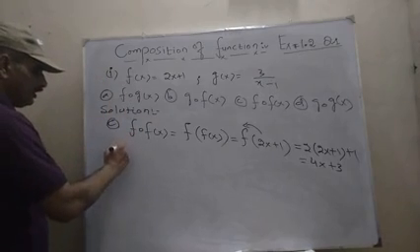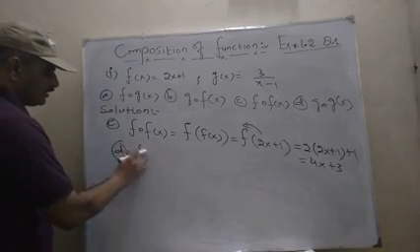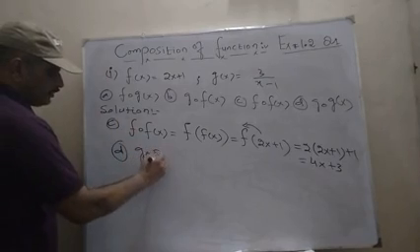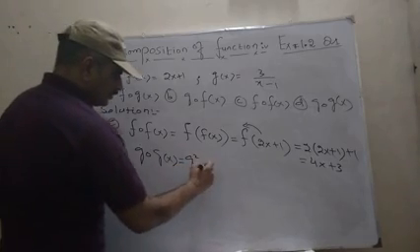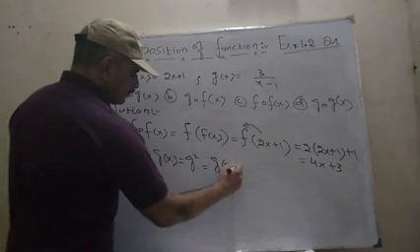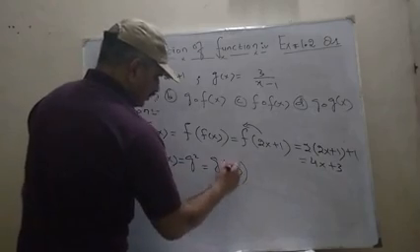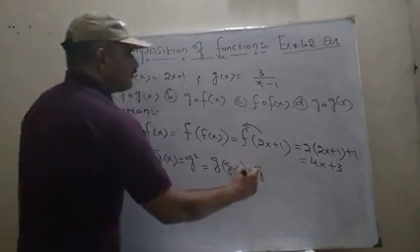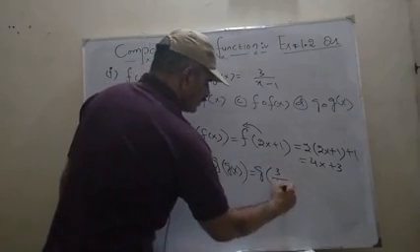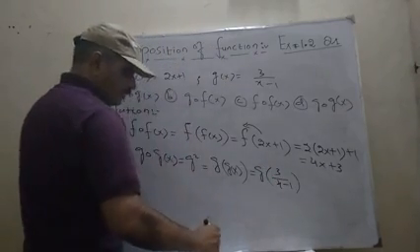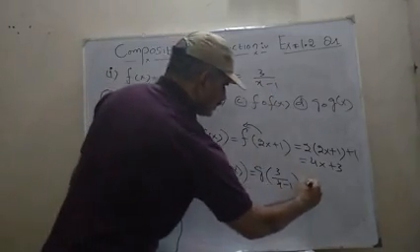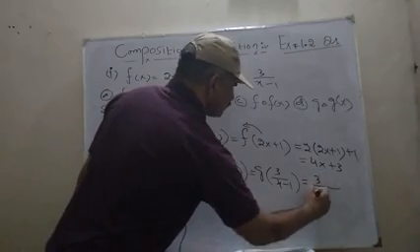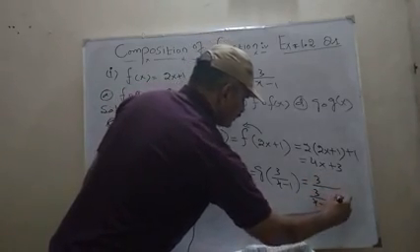Similarly we have part D, g of g. G of g can be written as g squared. G of g means put the value of g in function g. What is g? We have 3 over x minus 1, and when you replace the variable x by 3 over x minus 1, the result will be 3 over 3 over x minus 1, minus 1.